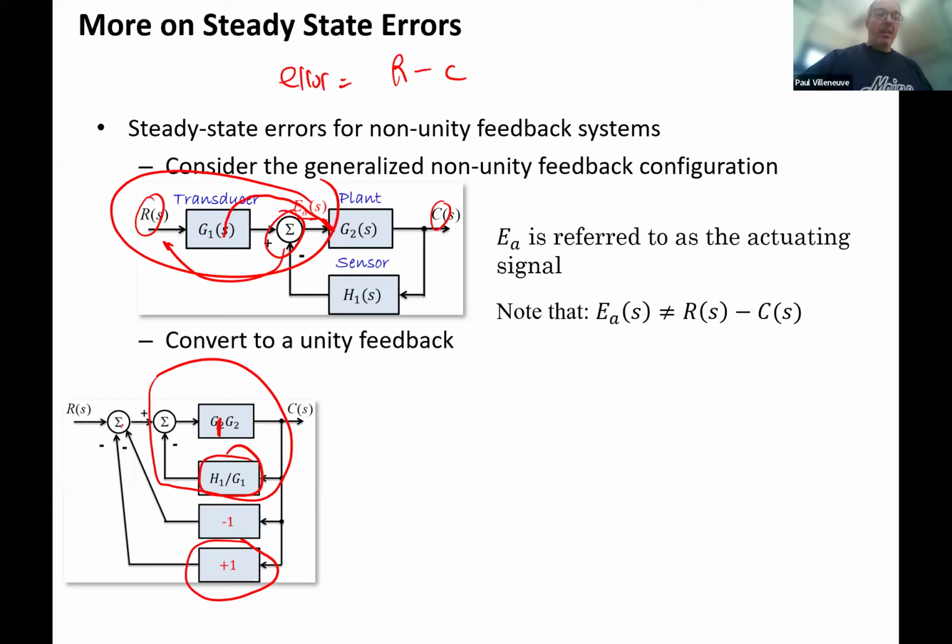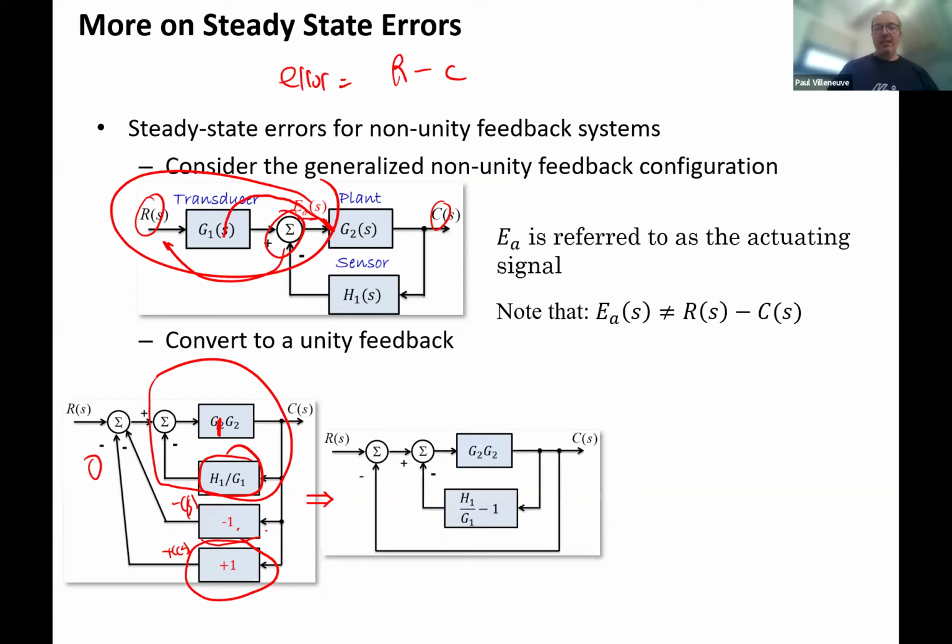So the negative 1 that I have over here, this is positive C of S. This is negative C of S. I'm actually adding those two over here. So essentially, when those two get added together, I'm adding 0, right? The positive 1 and the minus 1 will cancel each other out. So I have to add this negative 1 block just to cancel out the fact that I want a positive 1 in there.